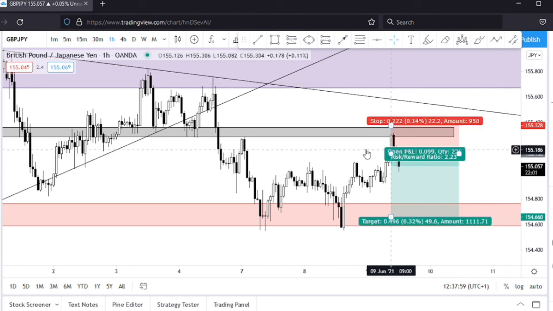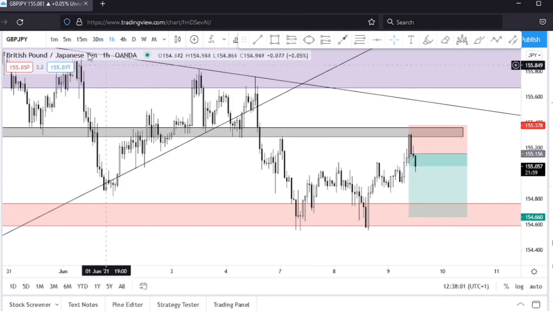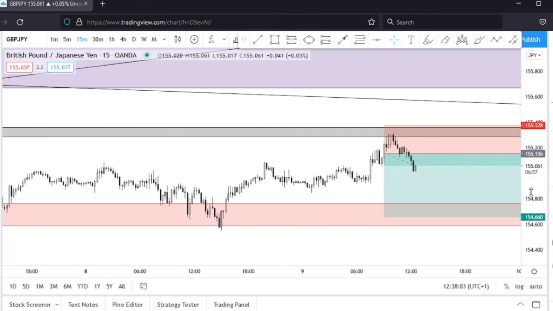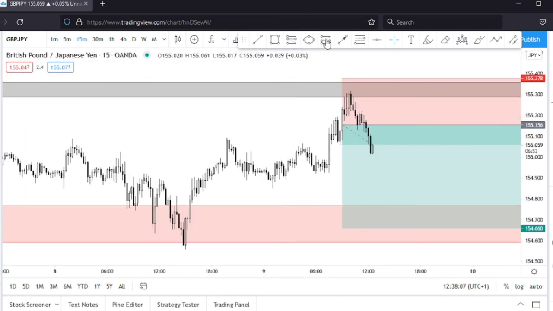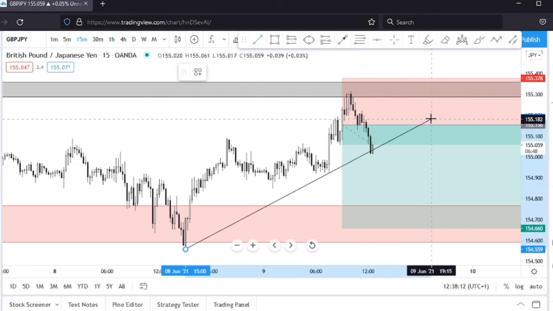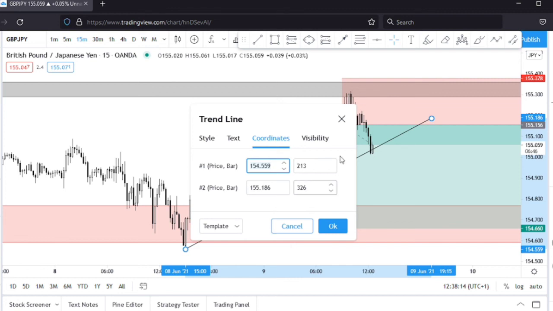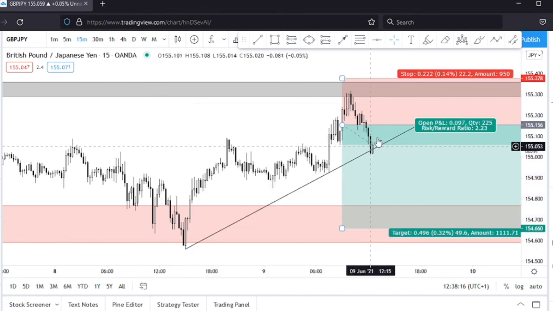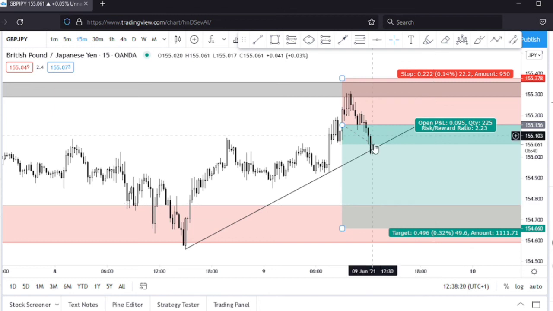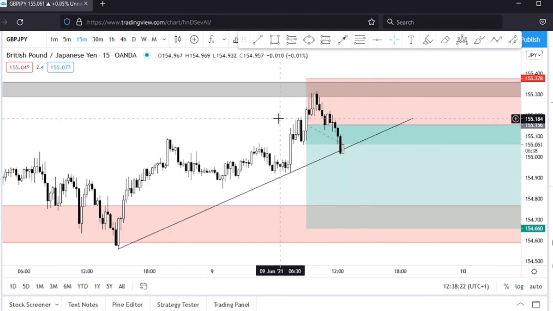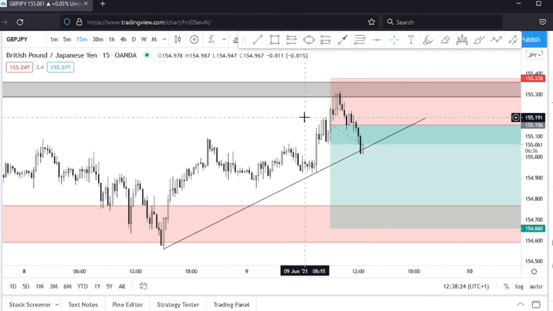All right, so if you move to the 15 minutes time frame, basically the same thing that you would see. You could even draw this trend line over here and see price reaction around this trend line. So it's very possible price could still continue to the top here, test it again before coming back down, or price could break it and continue to the downside, or just continue to the upside as well.